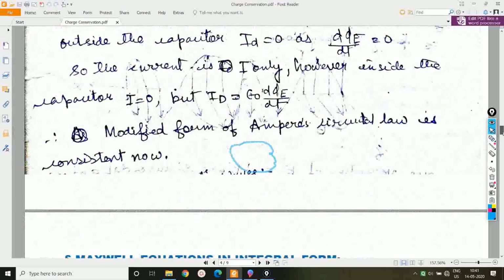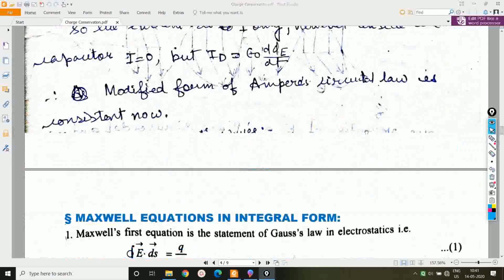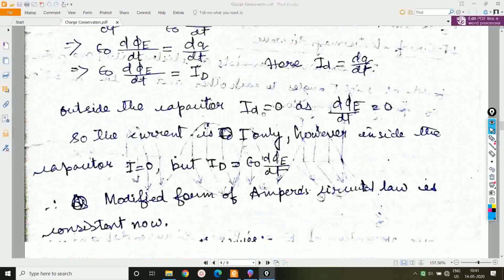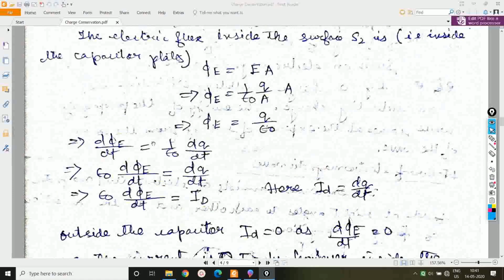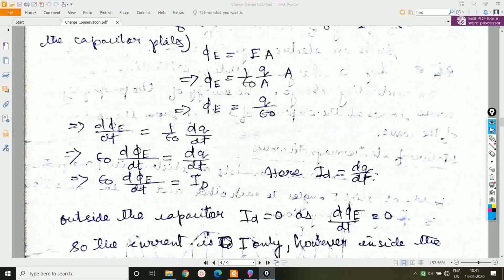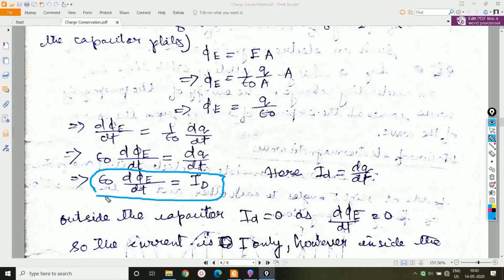So as it is 1 by epsilon 0 dq dt, you will find that dq dt I can write as displacement current id, and epsilon 0 d phi dt remains to that side. And for a simple capacitor system, the displacement current expression turns out to be id equals epsilon 0 d phi dt.